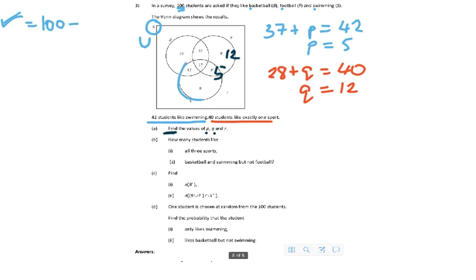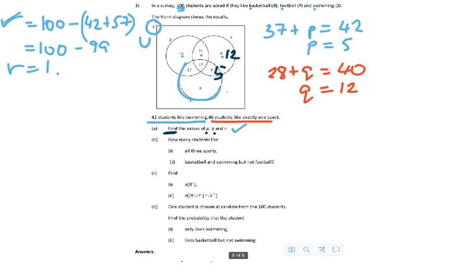We're told in the swimming that it's 42, so we're going to have to subtract all of the students who like swimming. But then there are only these three elements remaining, and so that makes the calculation a bit easier. If we add these together, it's 45 plus 12, that's 57. And so we have 100 and subtract 99, so R is equal to 1. So there we go, we found our values of P, Q, and R.